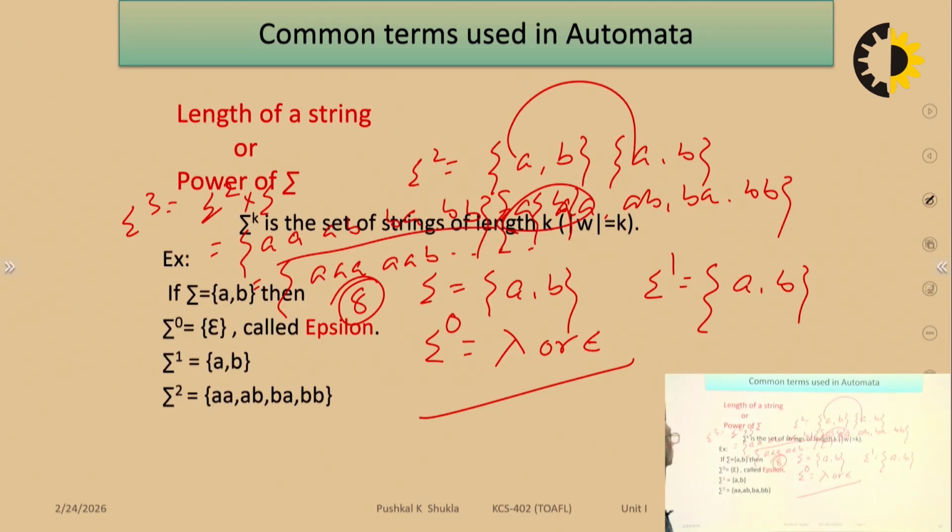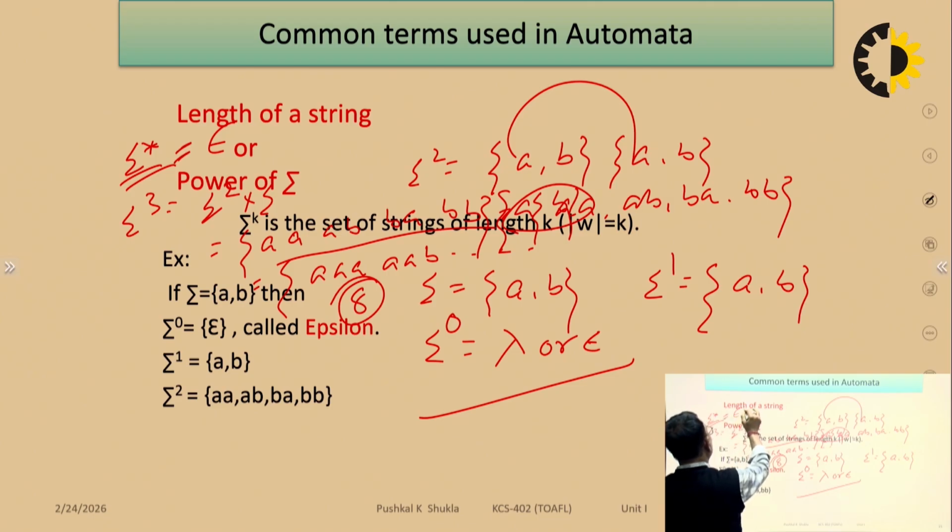Again, there is a very important term used in automata, that is sigma star. Sigma star is basically sigma 0 union sigma 1 union sigma 2 and so on.